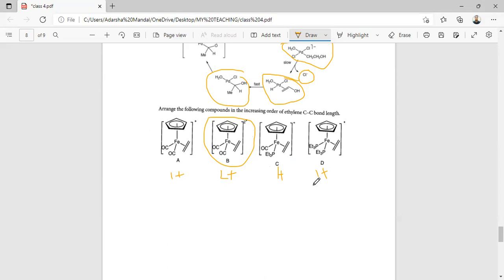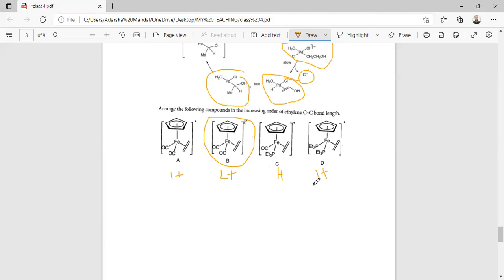So among this CO and PEt3 ligand, the diethyl phosphine is a more electron donating ligand compared to the carbonyl. That means CO is a sigma donor and also a pi acceptor, but the phosphine is a pure sigma donating ligand.